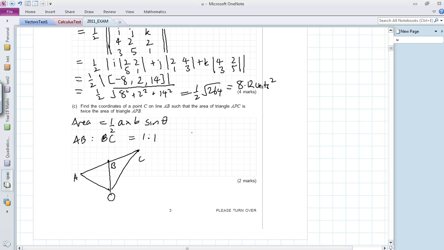If we go from O to C, it's the same as going from OA plus 2 lots of AB.